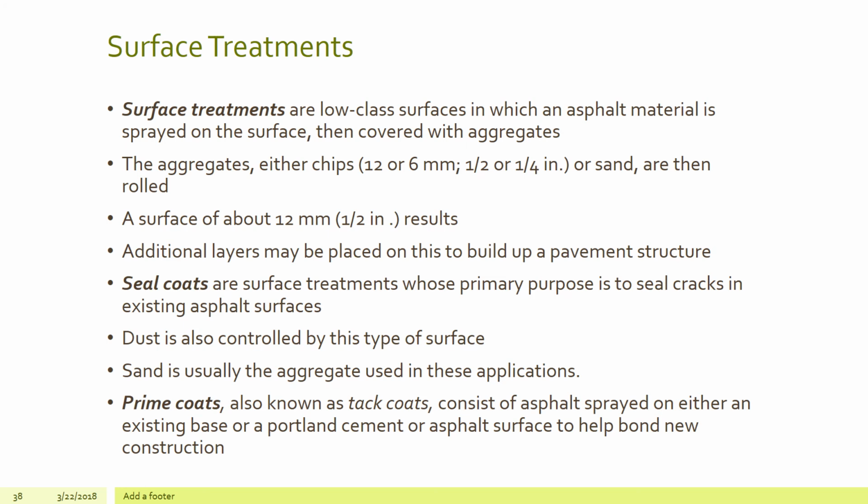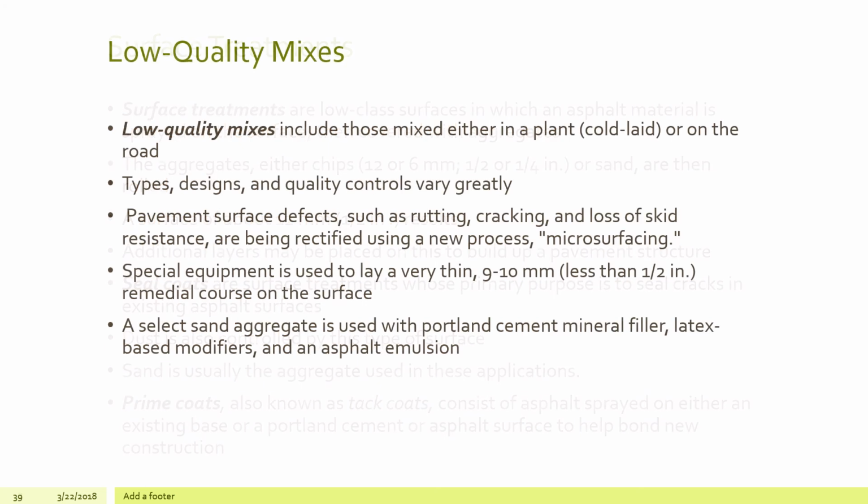Prime coats, also known as tack coats, consist of asphalt sprays on either an existing base, a Portland cement or an asphalt surface, to help bond new construction to the old. Low quality mixes include those mixed either in a plant or on the road. Types, design, and quality controls vary greatly.